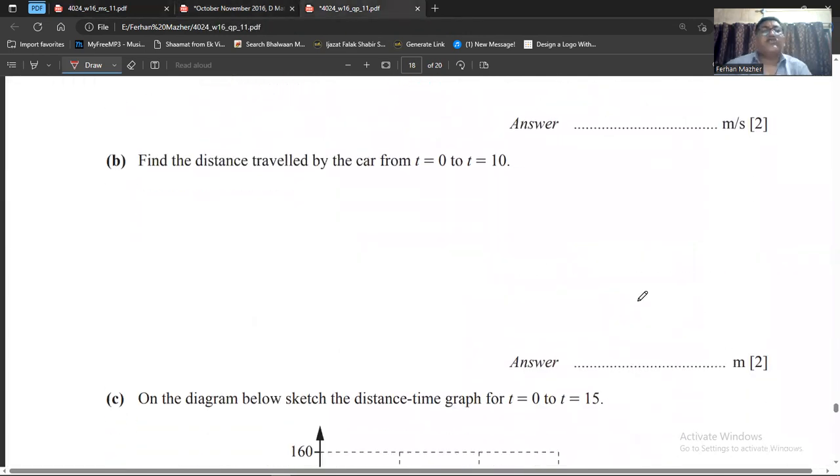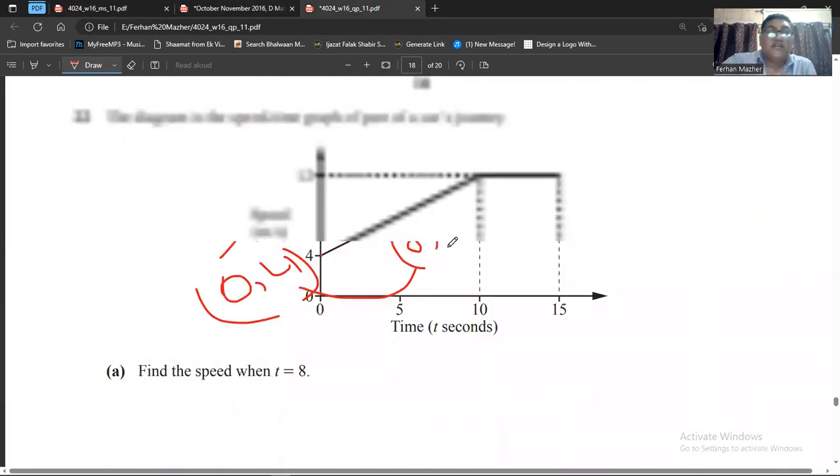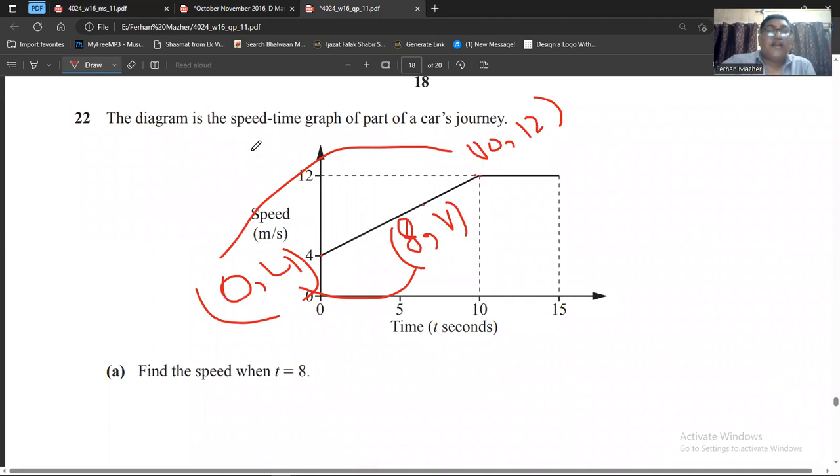Okay. Then the question is, find the distance traveled by the car when t is equal to 0 to t is equal to 10.